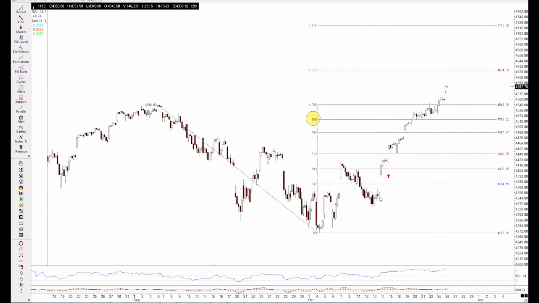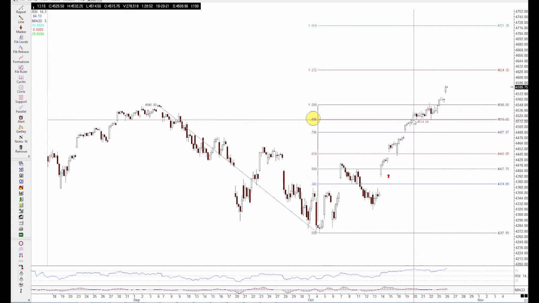That's when you see no sign of the support or resistance that you would expect at some of these levels. This is the 886 retracement. This is what I call the last chance fib retracement. That's because generally when the market closes above this 886, it's going to get at least to this 1.0 and many times above it.